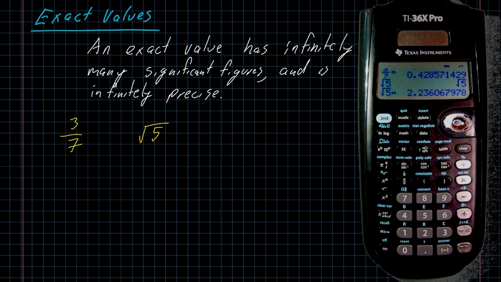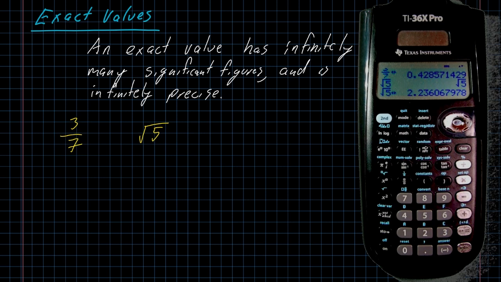Because the square root of 5 as an exact value has infinitely many significant figures. 2.236067978 has, I think, 9 significant figures if I counted that right, maybe 10. But we've lost infinitely many significant figures, so we don't want to write that out.